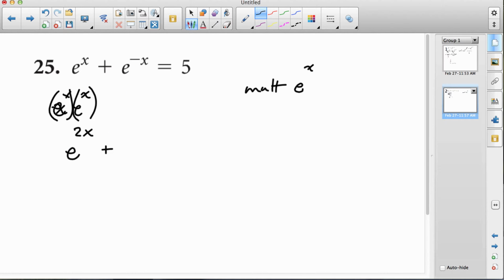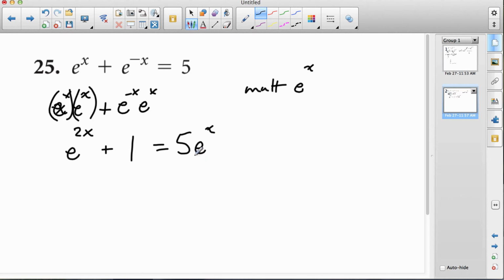Then you do the same thing with this one. But this one, when you have e to the minus x times e to the x, multiplying common bases, add their exponents, negative x plus an x gives you 0. So you get e to the 0, and anything to the 0 power is just 1. Okay, is equal to 5 times e to the x.